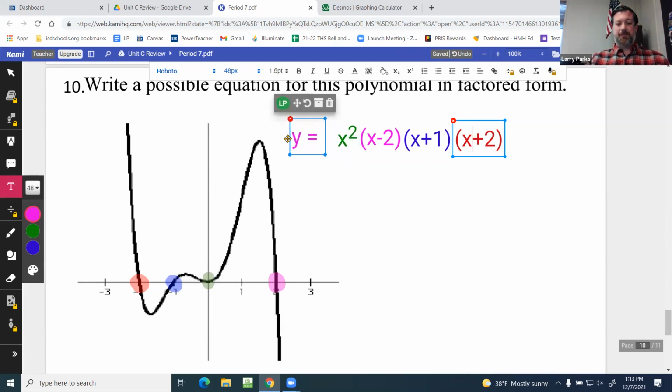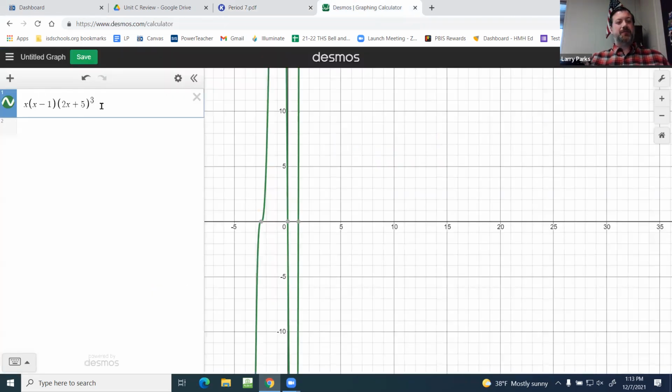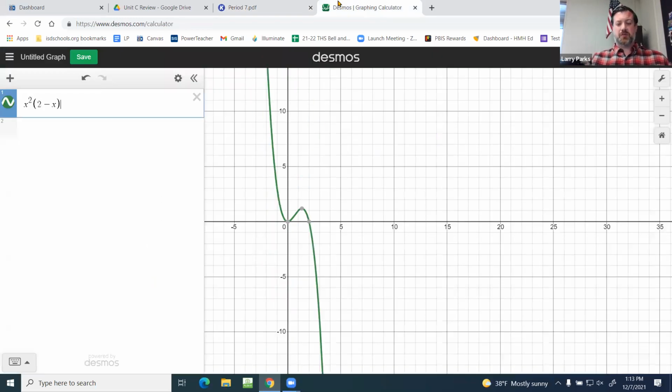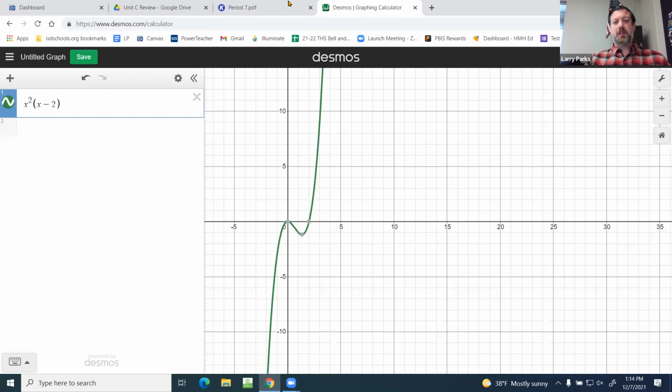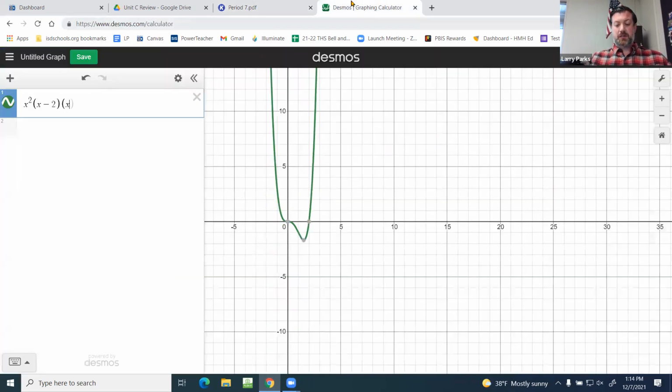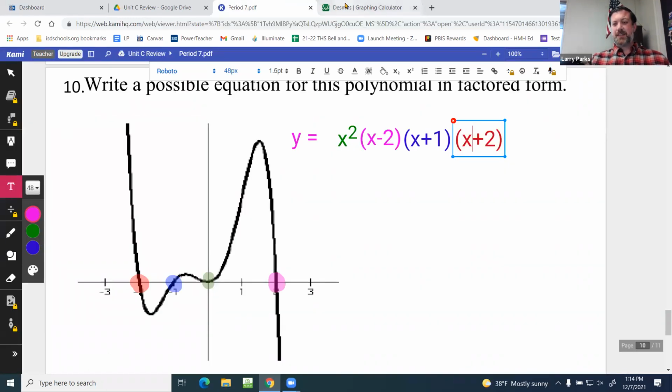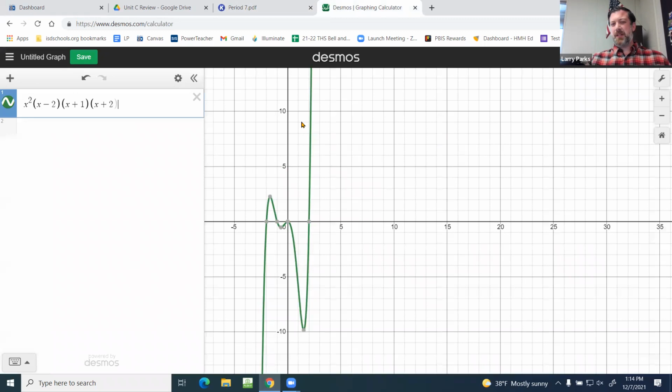Now, if I type this in the Desmos, you may notice it has the same x-intercepts, except it's going up on the right.